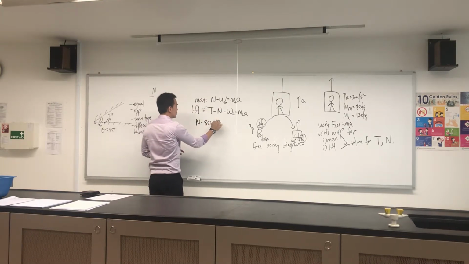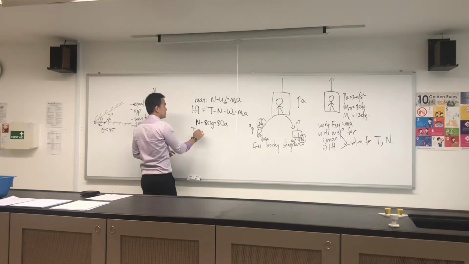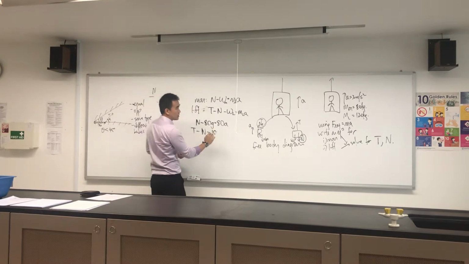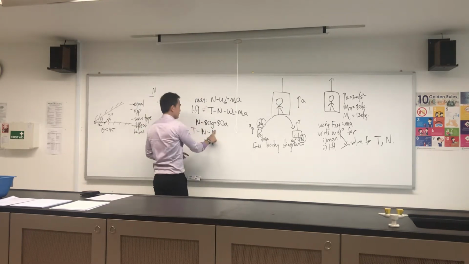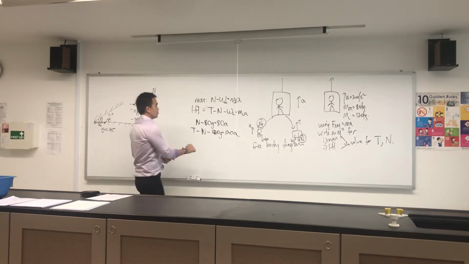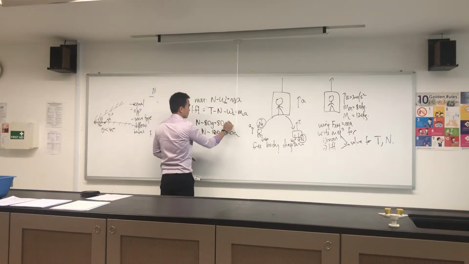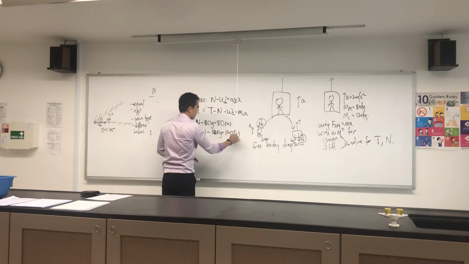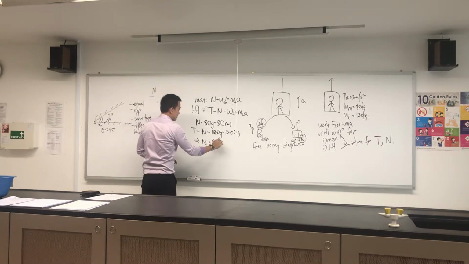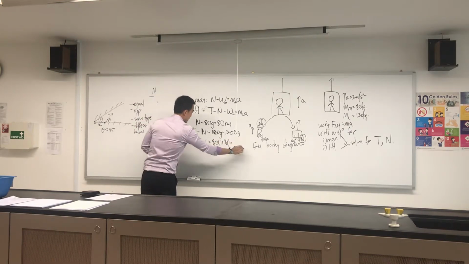Okay? So if you put in numbers, it will be N minus the mass of M, which is 80, times g equals 80a. T minus N, which is unknown, minus 120g equals 120a. And a is 2. So therefore, this will give me N equals 80 times 11.81, and you get a number.